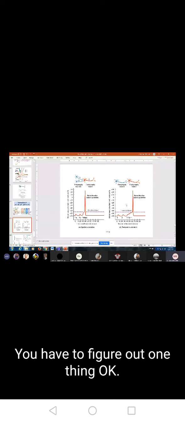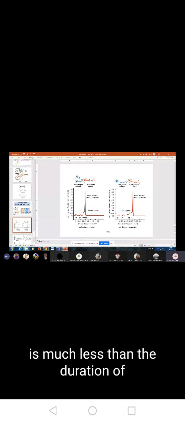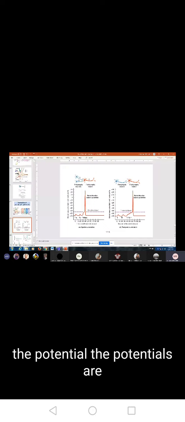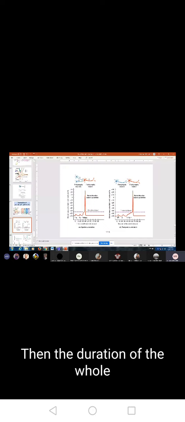You have to figure out one thing. As you see, the duration of the action potential, from this point to that point, is much less than the duration of the graded potentials. The potentials have longer time, as you see, than the duration of the whole action potential.